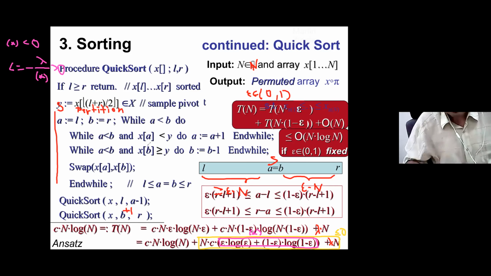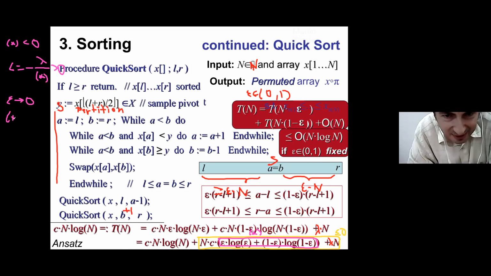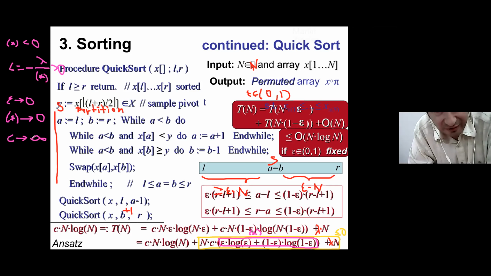Okay. I made this remark: what happens when epsilon goes to 0? Then this expression, the purple expression, also goes to 0, and then C goes to infinity. I emphasize that star is negative, so this minus will cancel with the negative of the star. When star goes to 0, this will go to infinity.